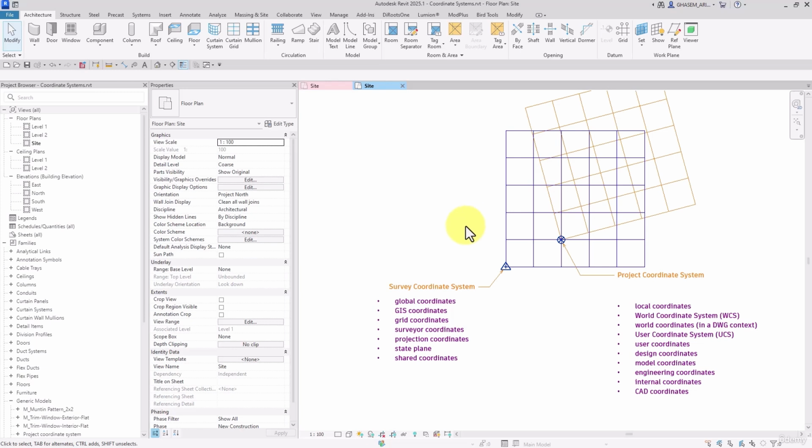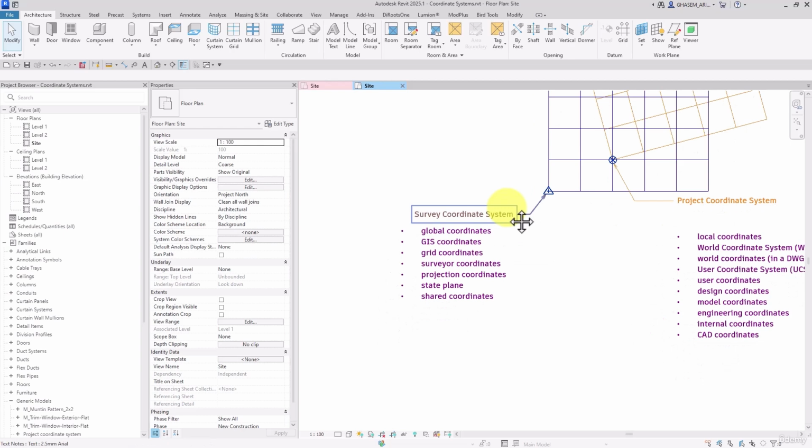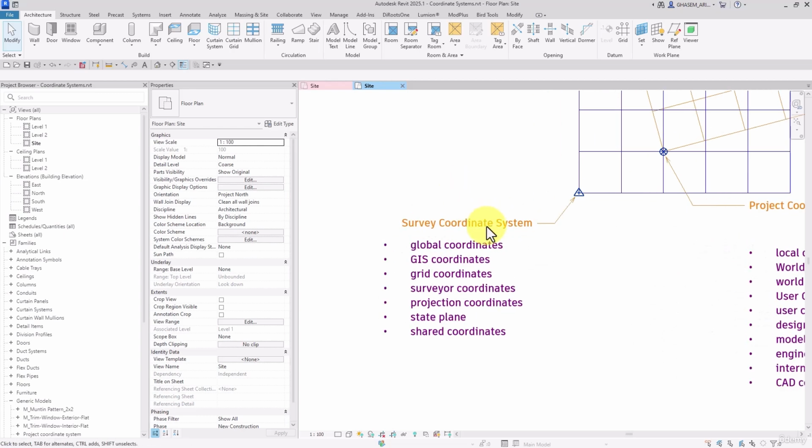And let me tell you that the survey coordinate system has other names in other software. For instance, survey coordinate system in some other software is known as global coordinates or GIS coordinates or grid coordinates or surveyor coordinates, projection coordinates, state plane, shared coordinates.